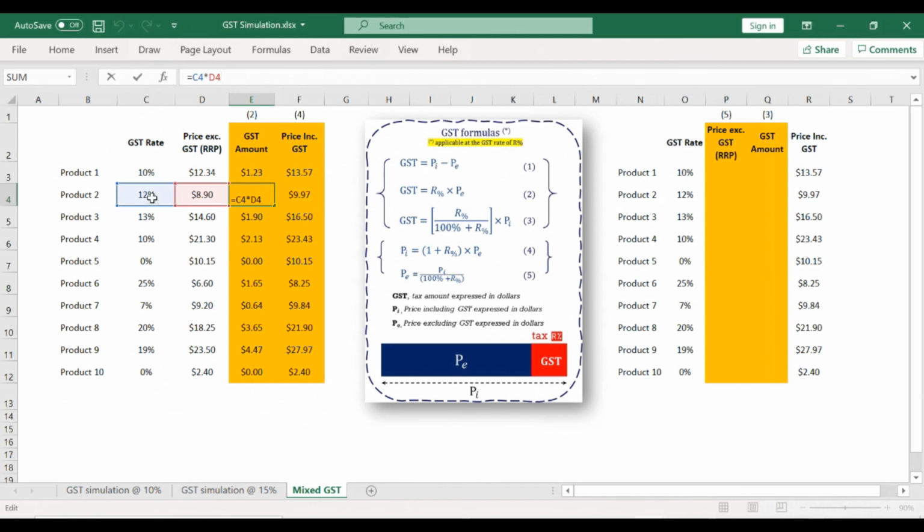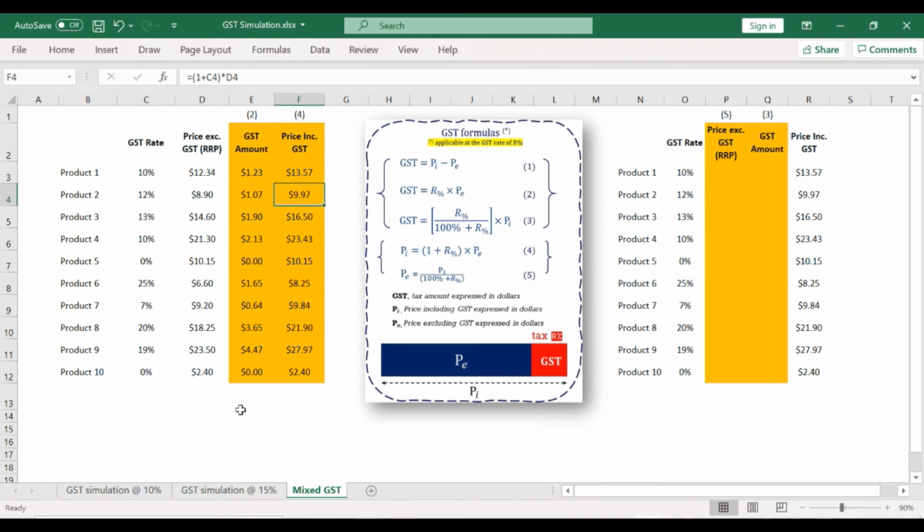It multiplies whatever rate is there, because it's a reference, by the price excluding GST, and we get $1.07. Now the same thing for the price including GST. It's just 1 plus the rate itself times D4, and so on.